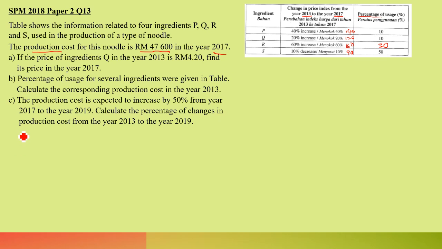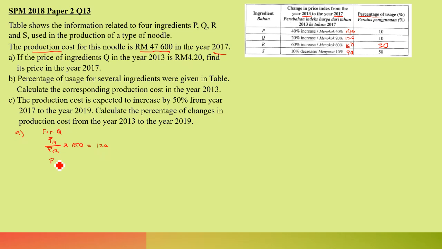So you have for Q, the price in 2017, I put it in short form, over 2013 times 100. What should it be? For Q must be 120. Okay, and the price for 2013 is given, $4.20.